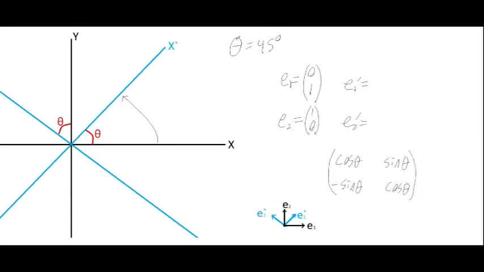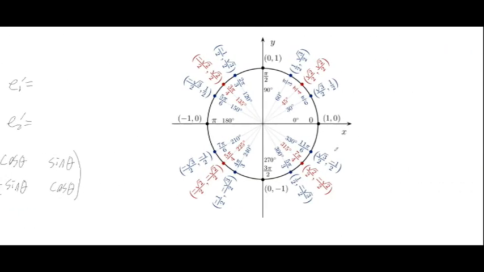Since I've said that theta is 45 degrees, we can look over here at our unit circle, and 45 degrees is this. Cosine and sine of 45 degrees are both the same thing. I'm going to call it 1 over the square root of 2.